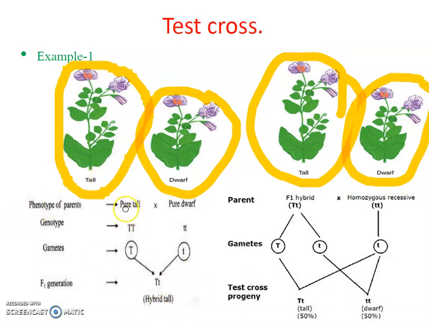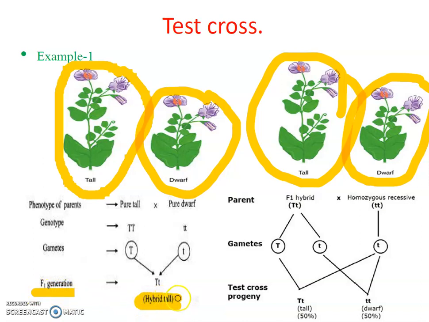In the first example we have taken a pure tall, this is known, and this is a pure dwarf, also known. Suppose this is the unknown plant and this is the dwarf plant. So what happens if the dwarf plant, with genotype small t small t, is crossed with a pure tall plant? All the F1 generation plants that develop are tall.